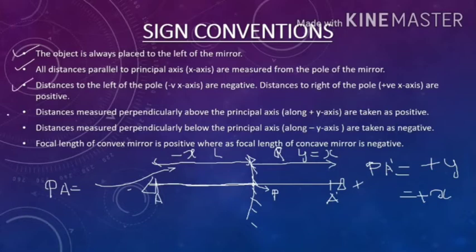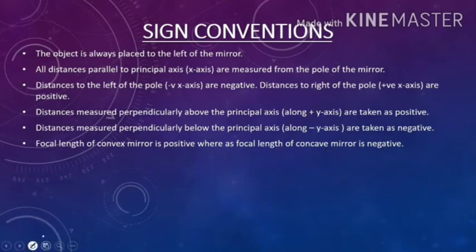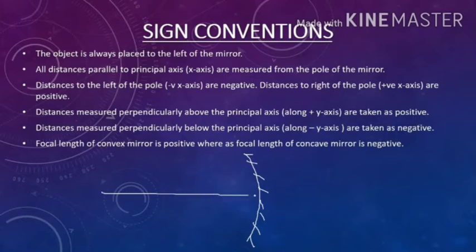Now let's move to the fourth one: distances measured perpendicularly above the principal axis are taken as positive. Let this be a concave mirror, and this is the principal axis, and this is the pole.